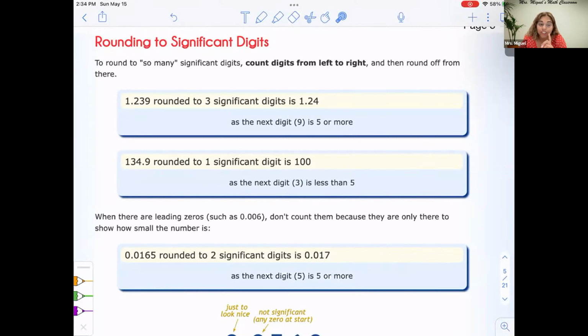If the first digit is 0, we simply ignore it and go to the number that is not 0. Let me repeat that. When starting to count significant figures, we start counting from the first digit that is not 0. If the digit is 0, we go to the next digit that is not 0. So let us look at this.